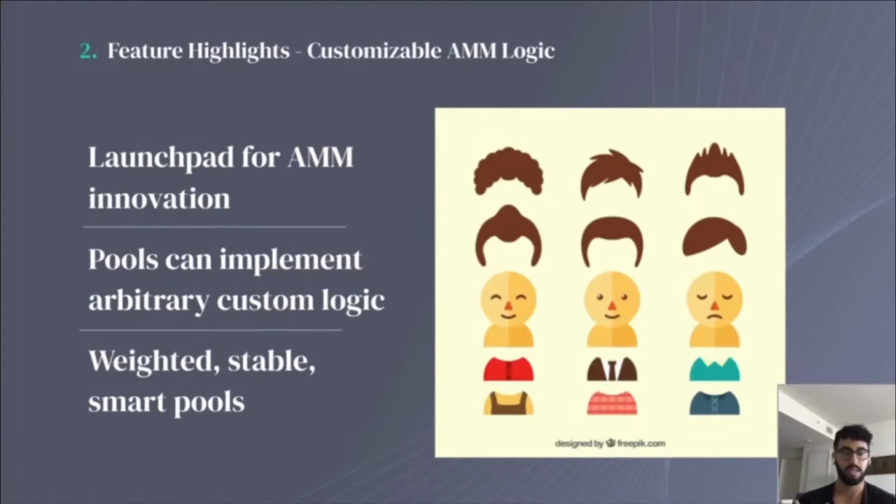All of that is taken care of by the Balancer protocol, and comes out of the box in Balancer V2. It really frees up developer teams to get creative and experiment with the AMM logic component. So there's a lot of really interesting innovation that can and, I think, will come out of this.